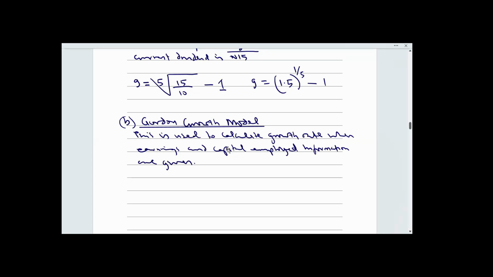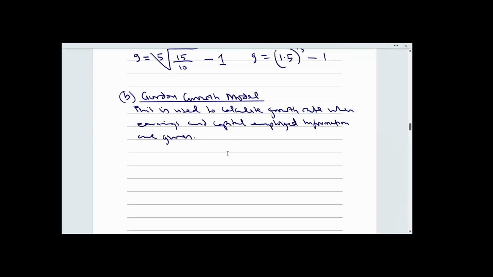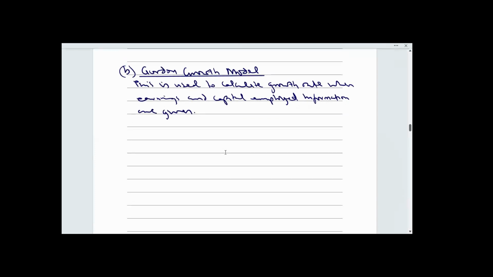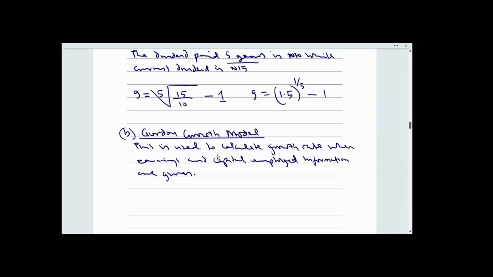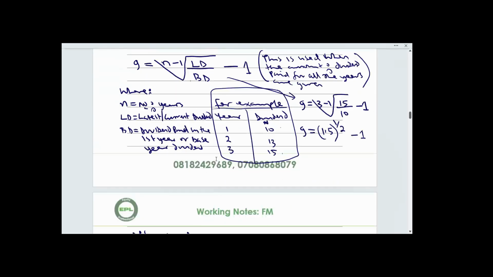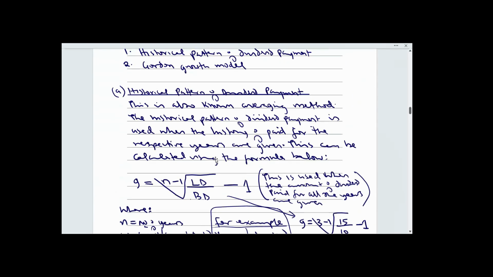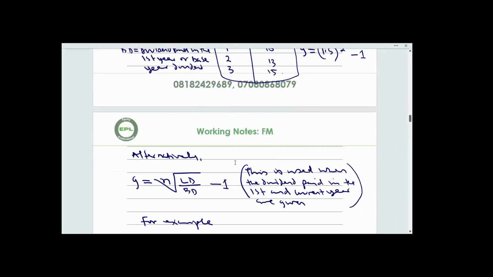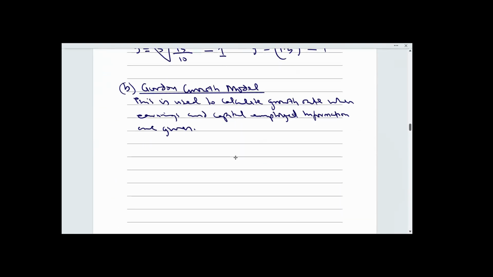If you can see earnings per share or just earnings and capital employed in the question, and you're asked to calculate growth rate, then you should know that you are supposed to use Gordon growth. The way I told you what you should look out for under historical pattern, I'm now showing you again what you should look out for under the Gordon growth.